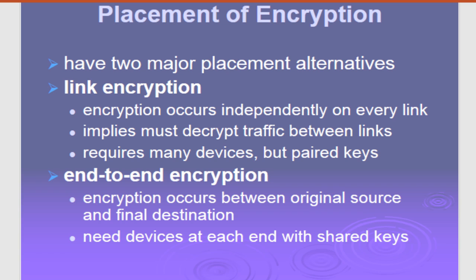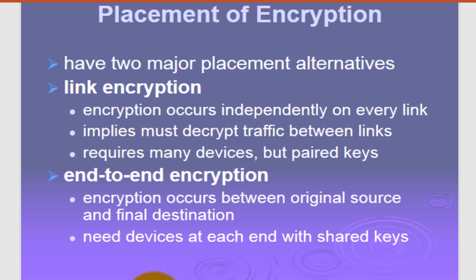You need to place it only at these two places. Whereas link encryption you have to place at each and every packet switching network and at each and every intermediate workstation. At each and every place your data is passing, you have to place your link encryption.